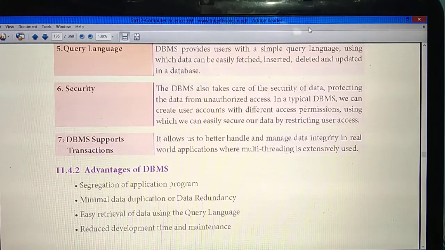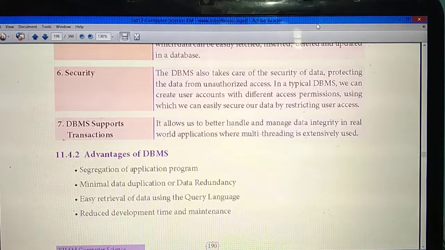Next is that DBMS supports transactions. Okay. So what do you mean by transaction? Bank transaction. You might have heard the word bank transaction. Transaction is transferring some amount from one account to another account. That is called a transaction. Likewise, here also, you already studied the database. The details will be stored in the form of tables, isn't it?